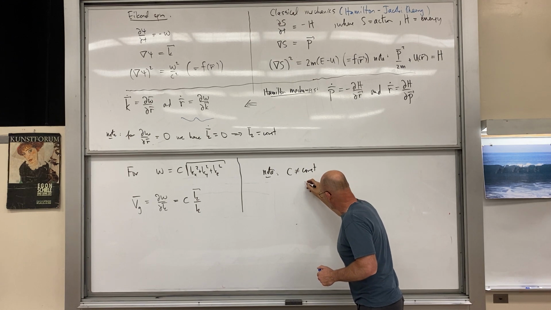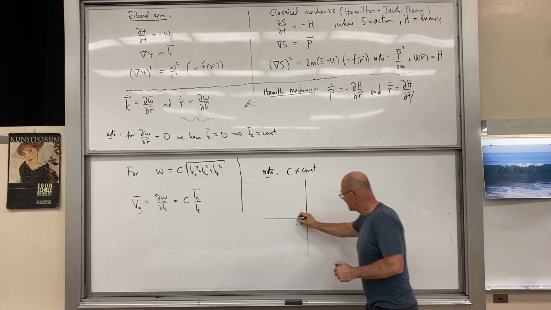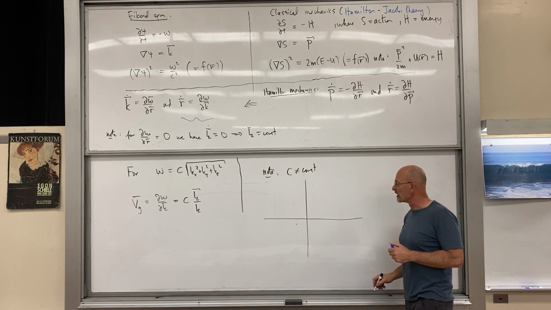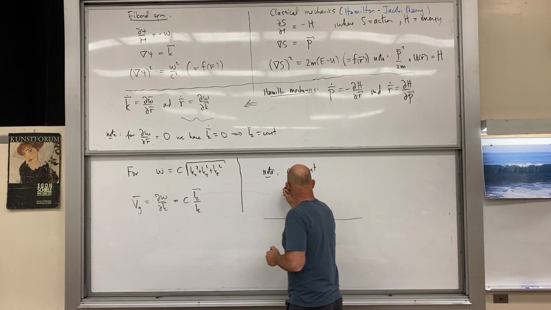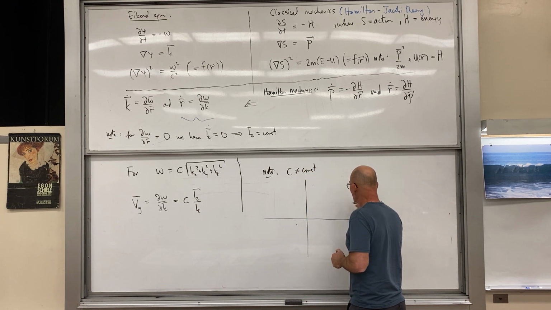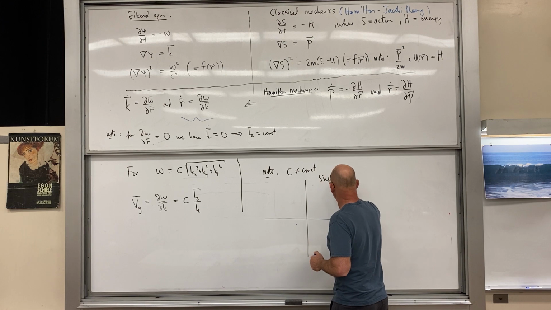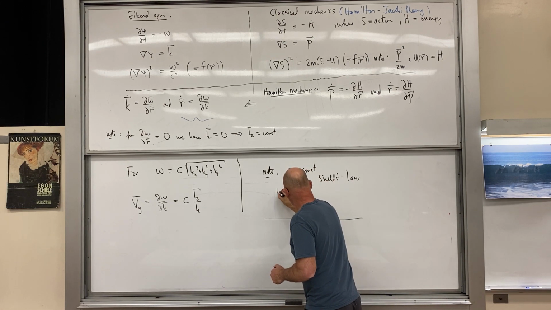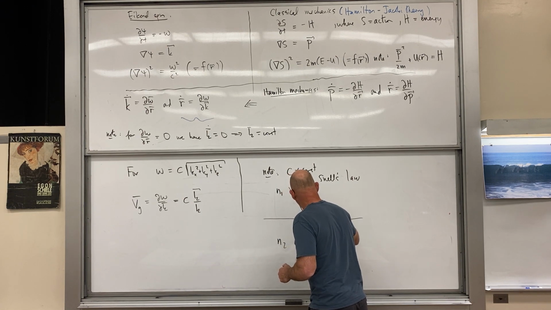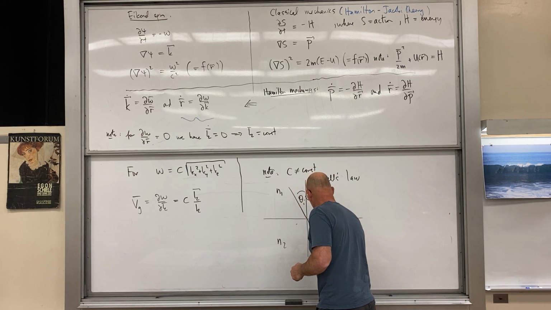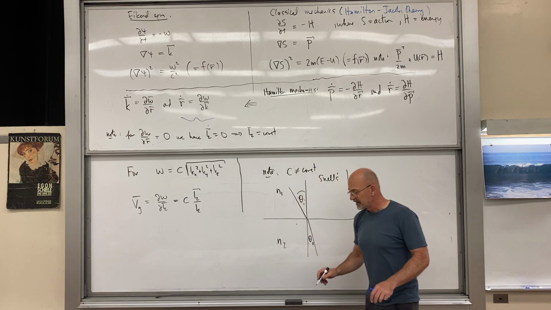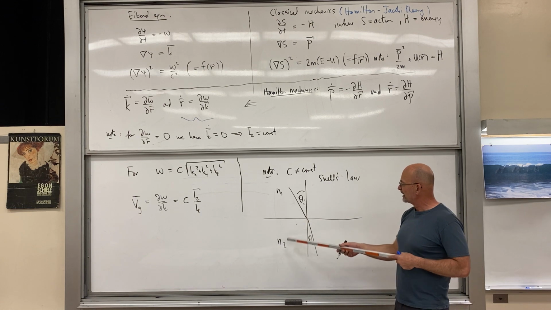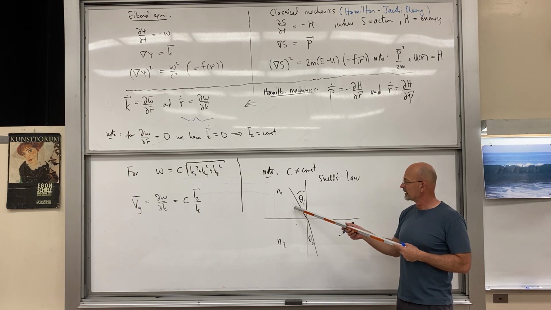If we were spending more time just on the wave aspect, we would actually prove Snell's law. So I'm going to write Snell's law, and you guys remember you've got n1, n2, angle of incidence theta incident, theta refracted. And in this case, n2 is greater than n1.